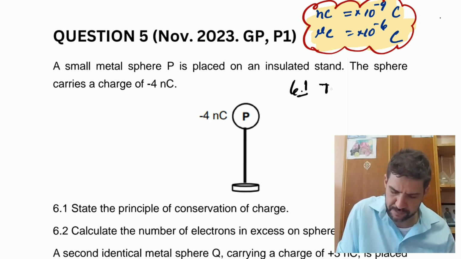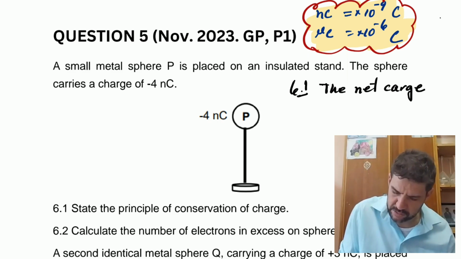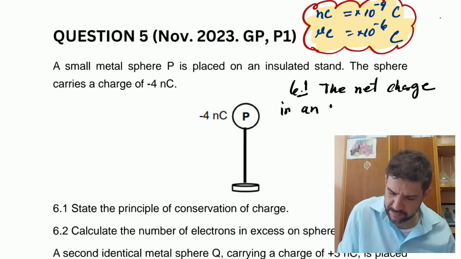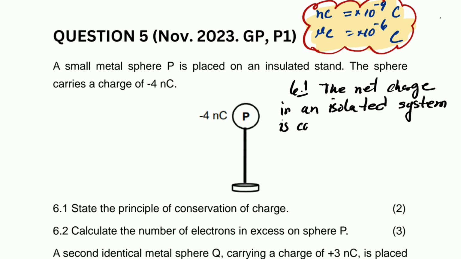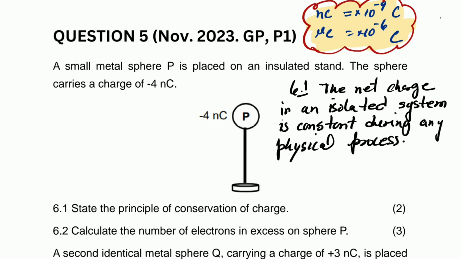The total, or the net charge, you must fix that word, the net charge in an isolated system is constant during any, that is any, physical process. Right, that is the conservation of charge.